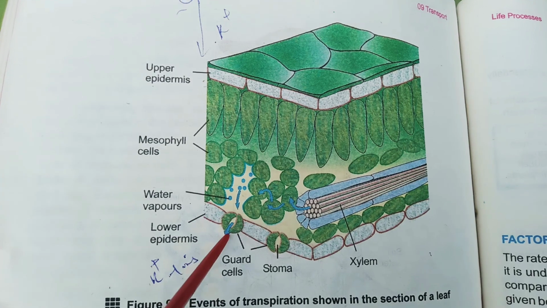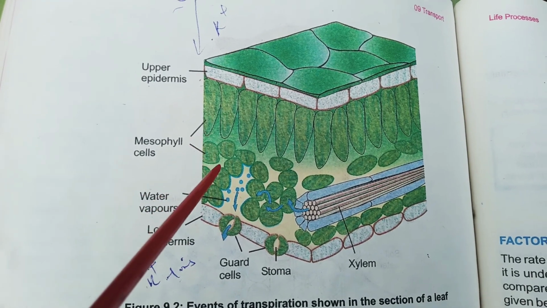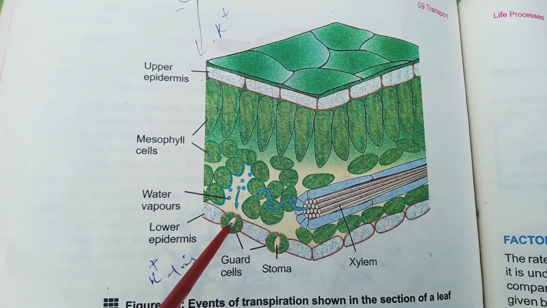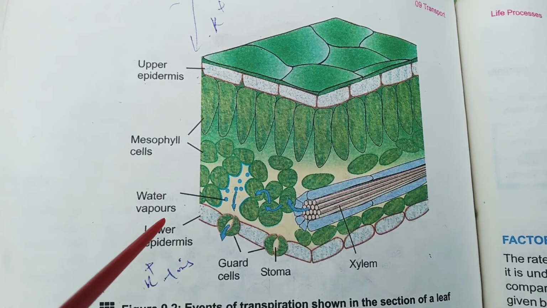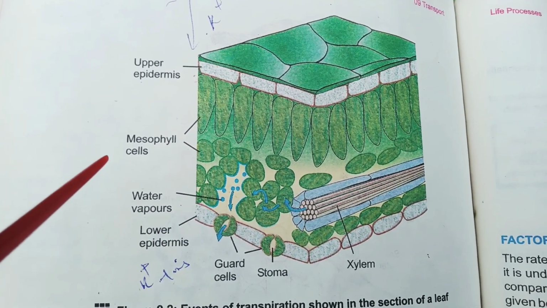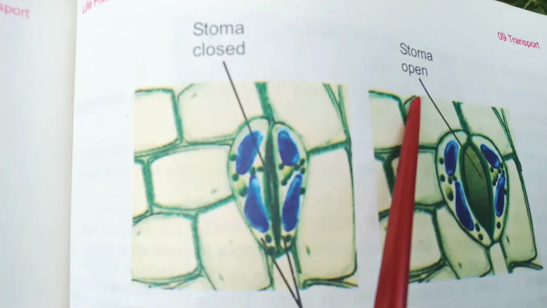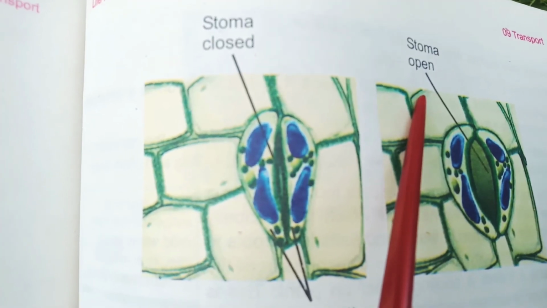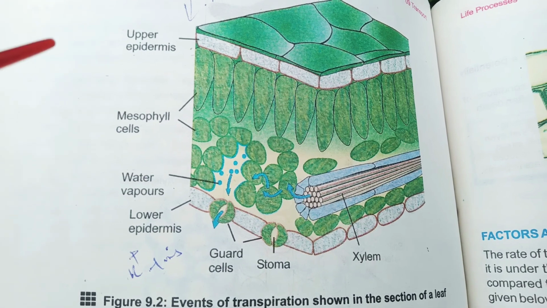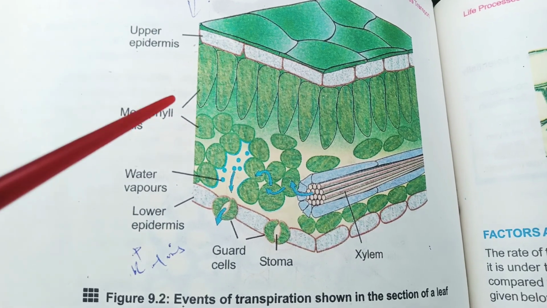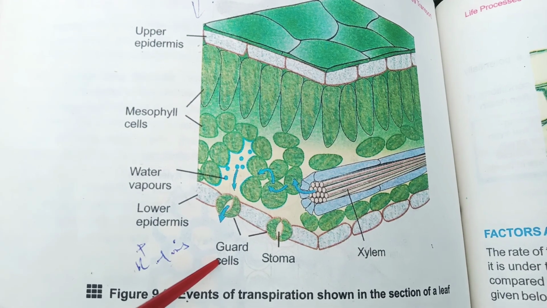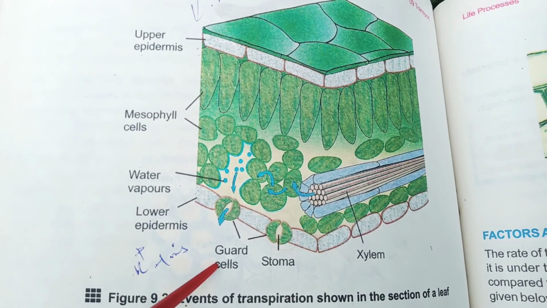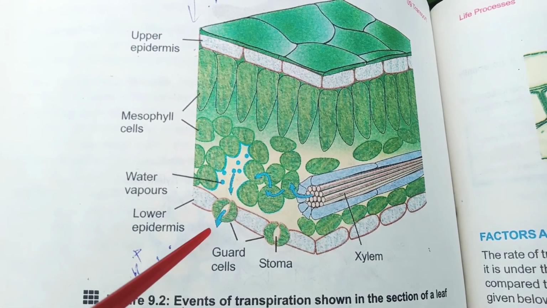Water follows these ions and enters guard cells. Thus their turgidity increases and stoma opens. As the day progresses, guard cells make glucose and become hypertonic, so water stays in them.